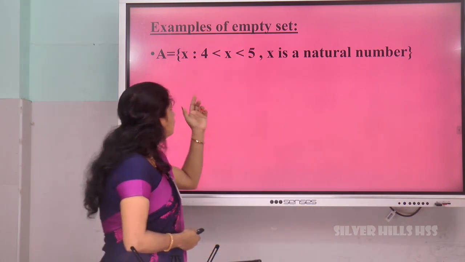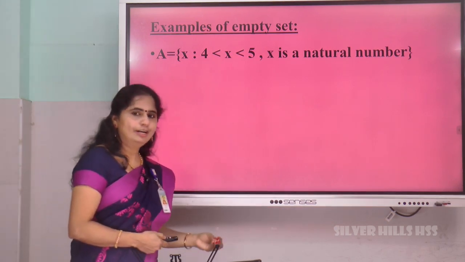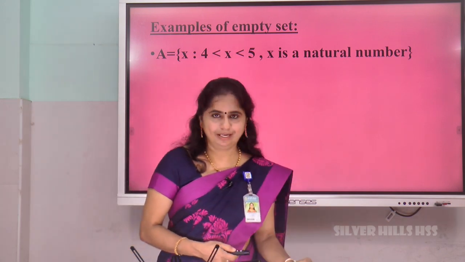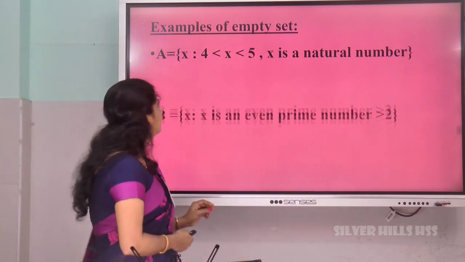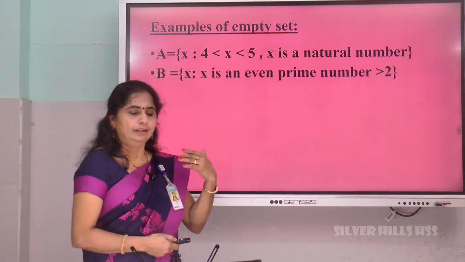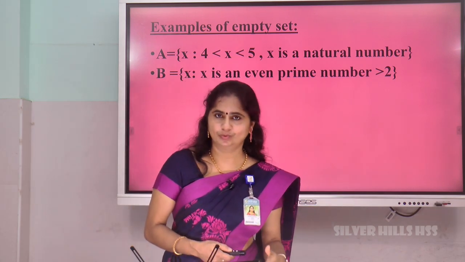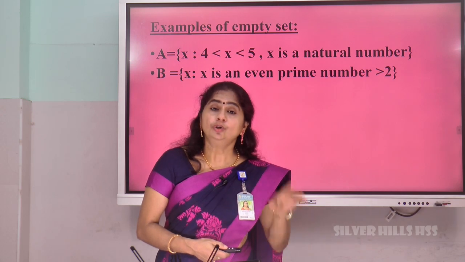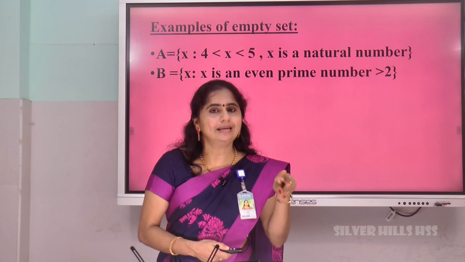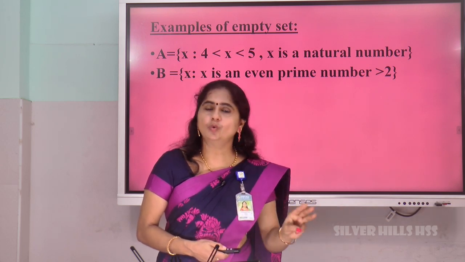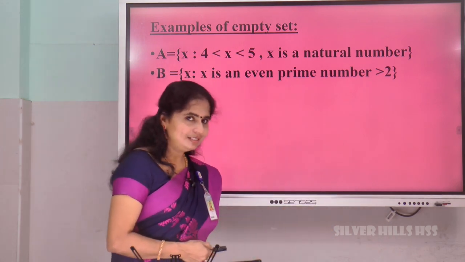So, between 4 and 5 or 1 and 2 or 2 and 3, if you're asked to find a natural number, it is an empty set because no such natural number exists. Next example, the set of all x such that x is an even prime number greater than 2. We know that 2 is the only even prime number and 2 is the least prime number. So, greater than 2, we don't have any even prime numbers. So, that is also an empty set.